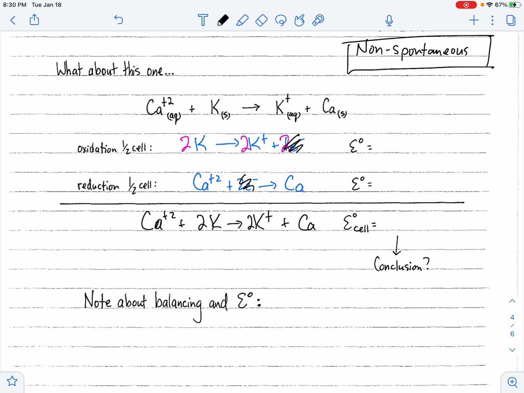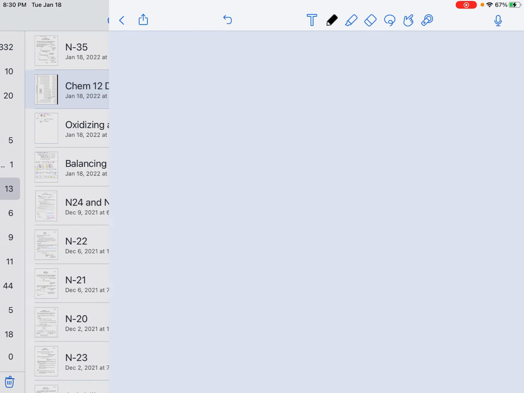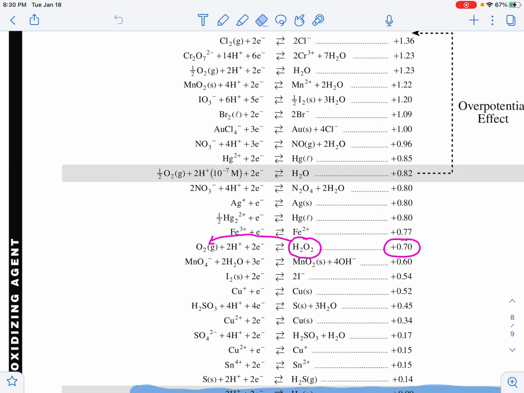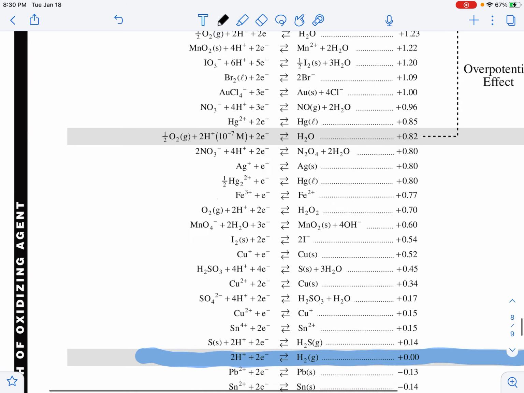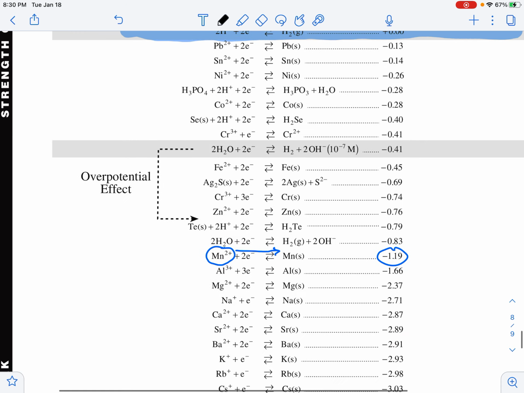So I have the calcium being reduced and the potassium being oxidized. So calcium being reduced, I go to my data table and I look for calcium being reduced. Calcium's a metal, probably on the lower on the table.